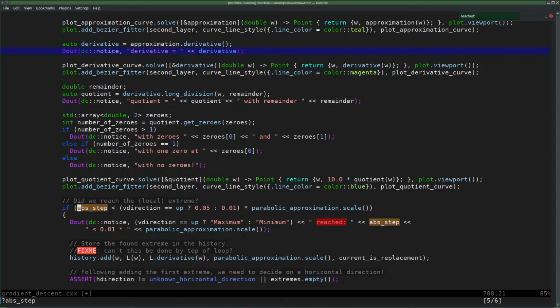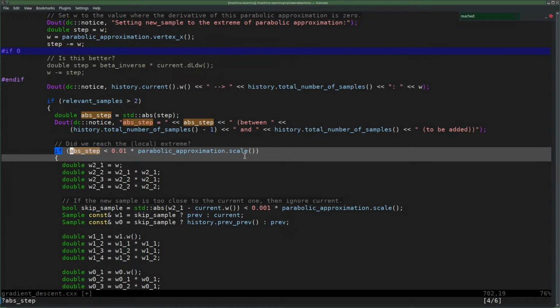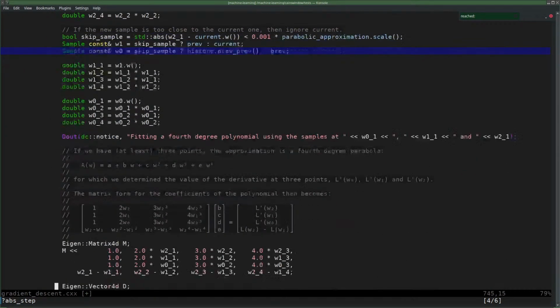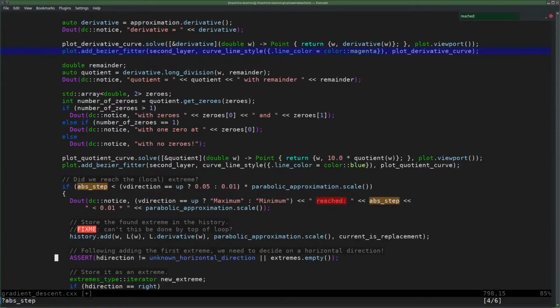The absolute step is set to, no, it's not changed. So I do this. If the absolute step is less than 1% of the parabolic approximation, then we do stuff. And then I do the same test.